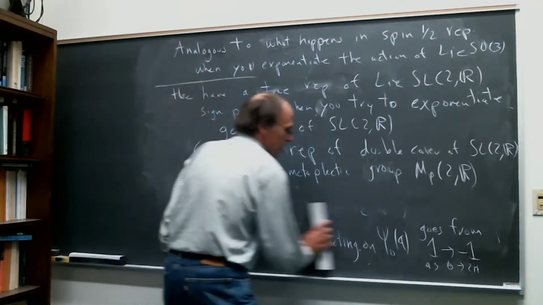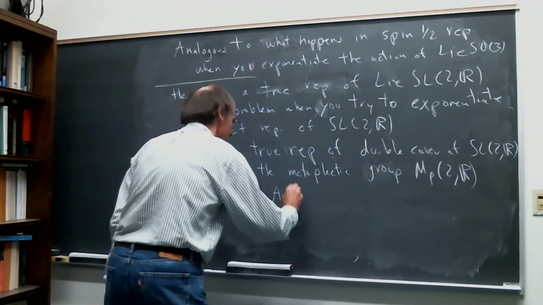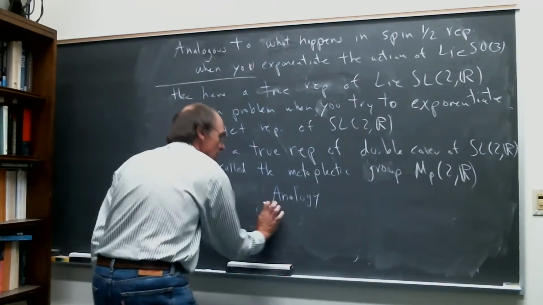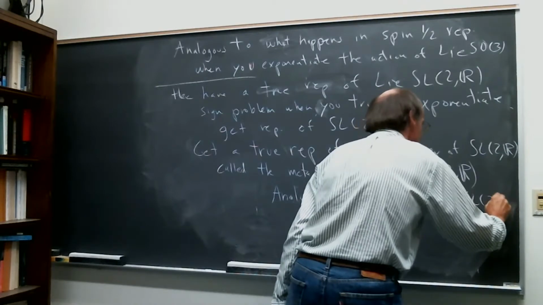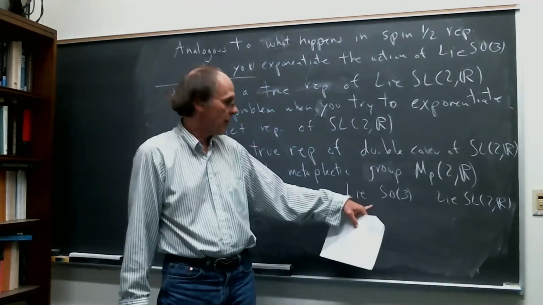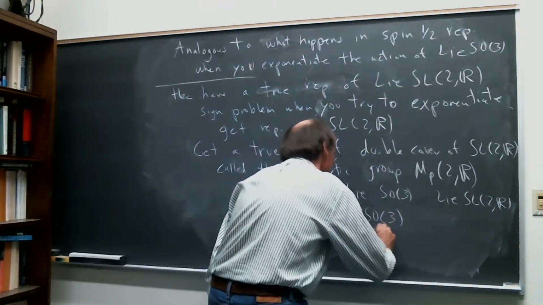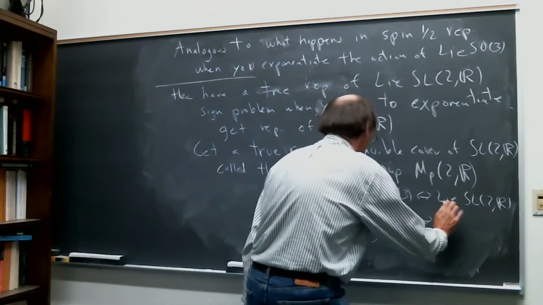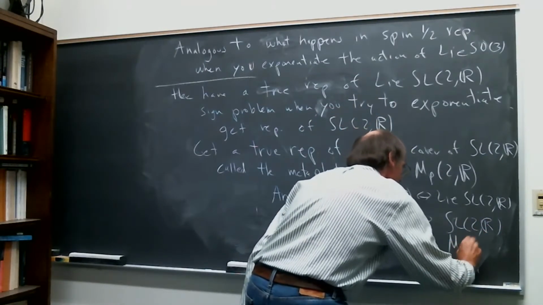So maybe it's better to just say what the analogy is. So the analogy is that Lie SO3 is to Lie SL2R, and there are two groups that have the same Lie algebra, where one is a double cover of the other. Here you have SU2, and here you've got SL2R, and the double cover is the MP2R.